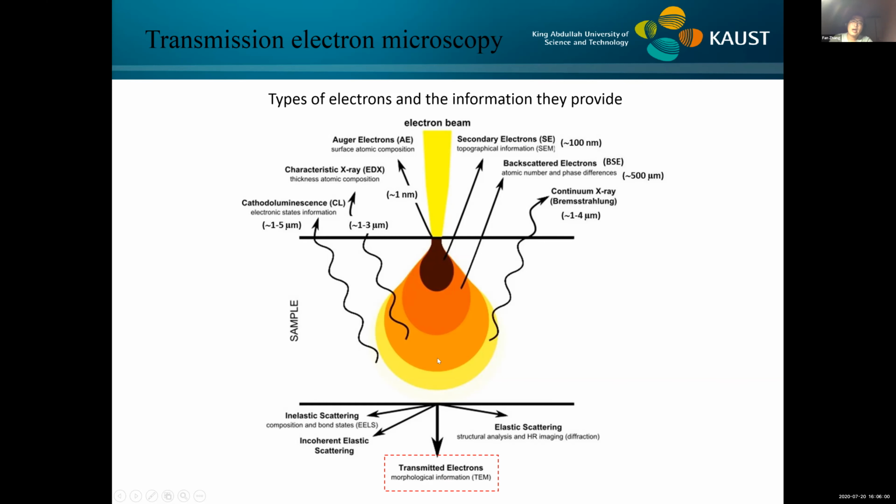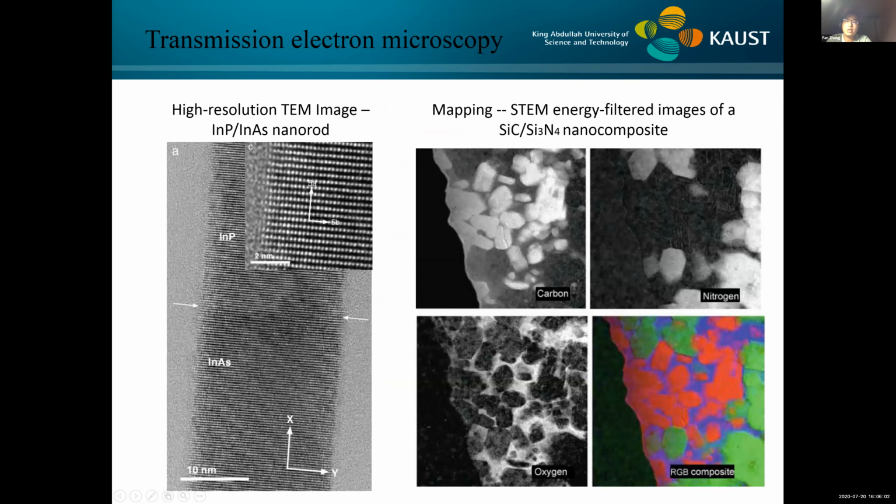The next slide shows some examples of the application of TEM. Firstly, the high resolution TEM image. When the resolution of the TEM is very high, we can see more information about the crystal structures, the lattice, the atoms, and so on, as shown in these figures.